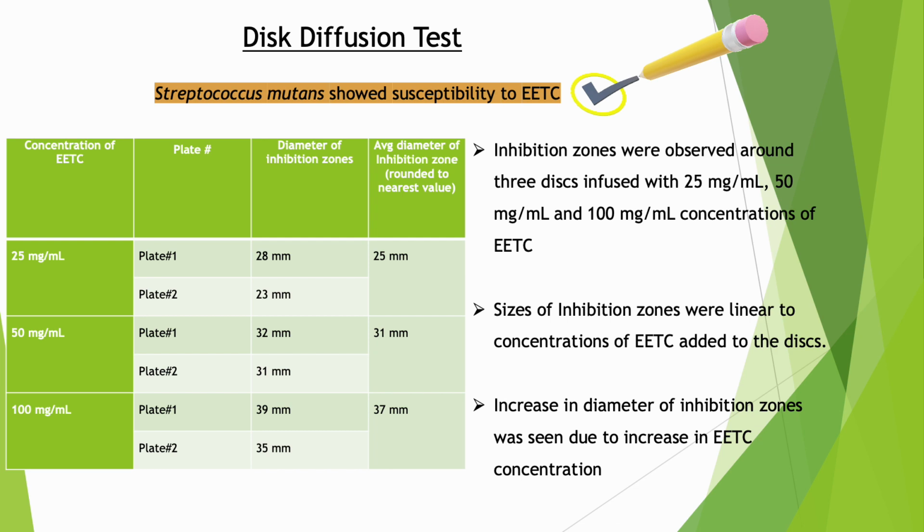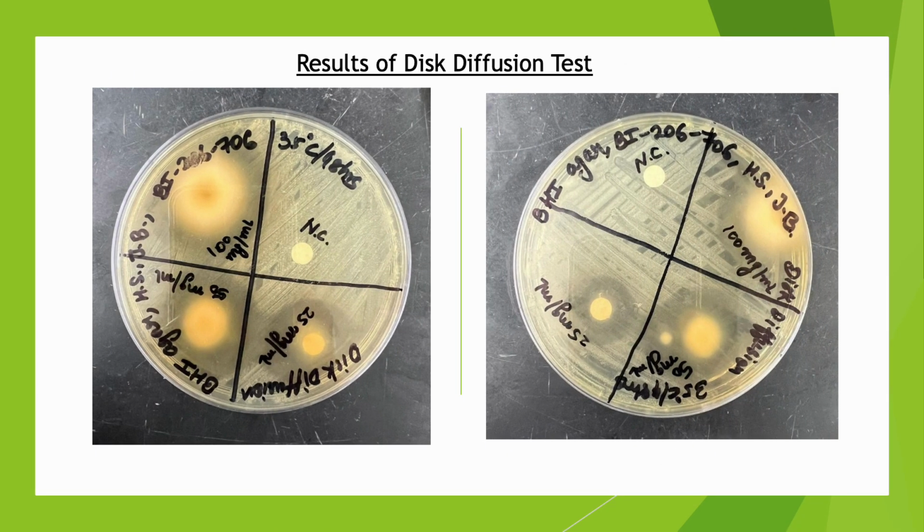We can see clearly in the next slide, the diameter of the inhibition zone around 100 milligram per ml was larger and smaller around 25 milligram per ml concentration of ETC. So this clearly explains that S. mutans is susceptible to ETC.